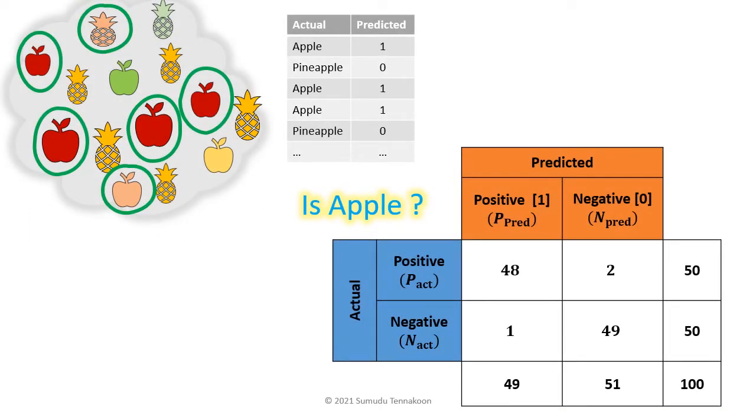So now let's explore how we can quantify these predictions. Assume you have 100 truths you provided to this model, right? As you see in the diagram, you can provide an apple or a pineapple. Your task is to ask the machine learning model a simple question: is this fruit an apple or not? If it is an apple, it will say yes, or the answer is 1. If it is not an apple, it will say no, or the value is 0.